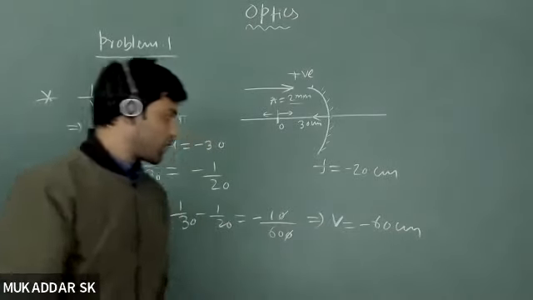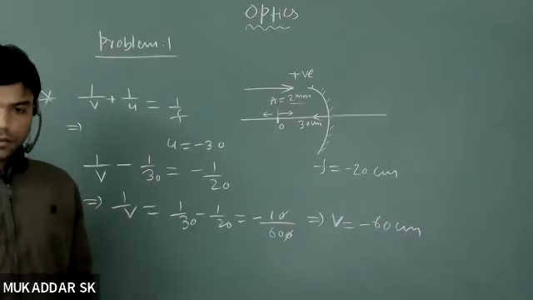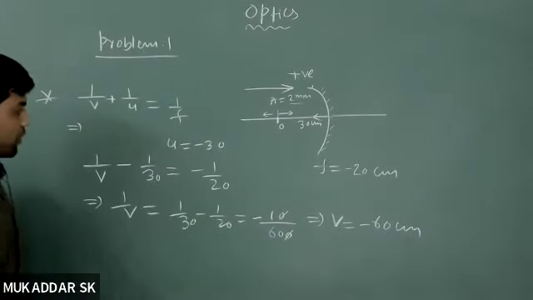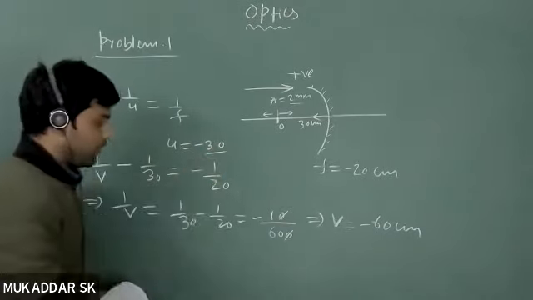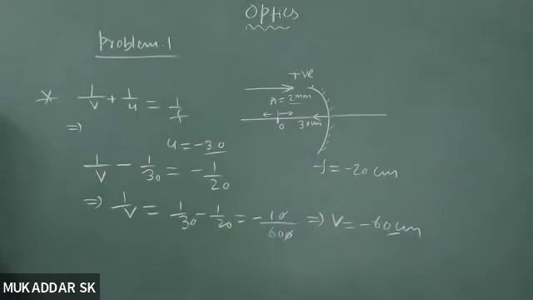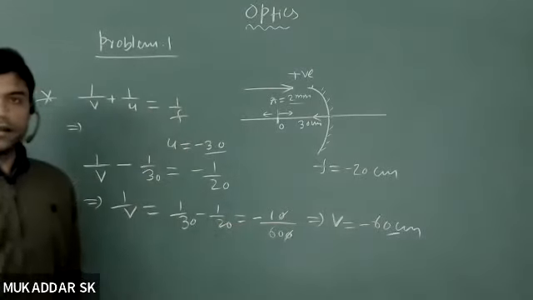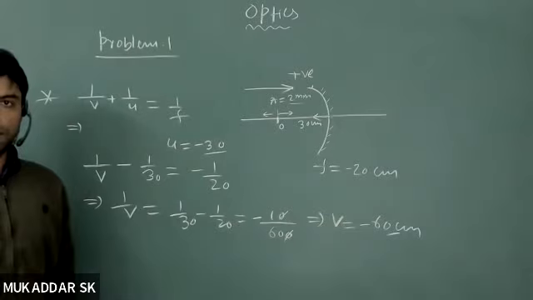So what type of image will it be? You see that U has a negative sign and V also has a negative sign. For a spherical mirror, when U and V both have the same sign, it will be a real image.